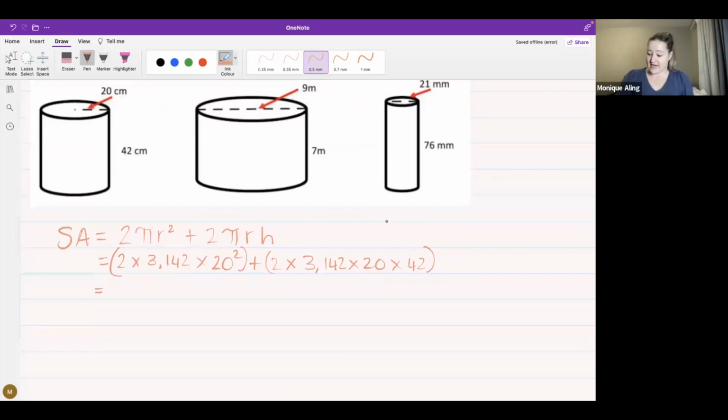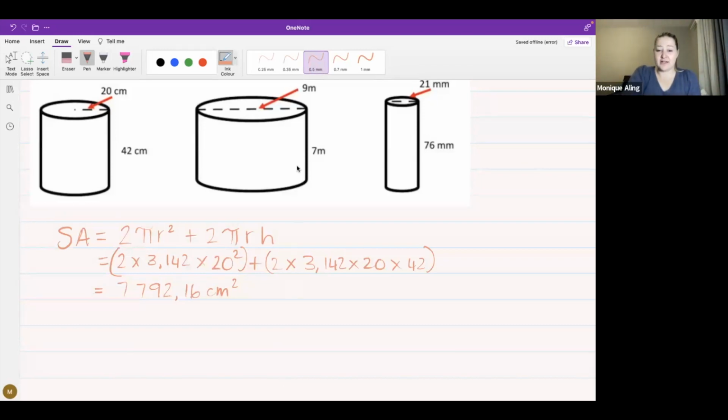But now we are getting slightly off answers, so maybe just check. It should give you 7,792.16 centimeters squared. Which I see most of us are getting.